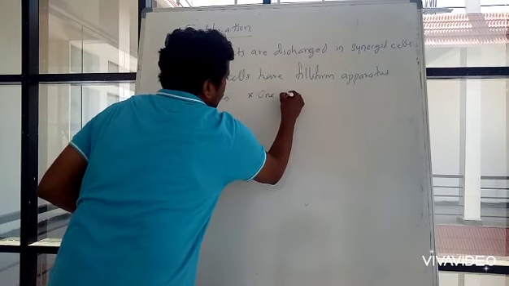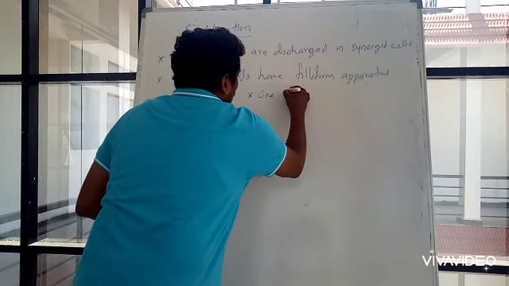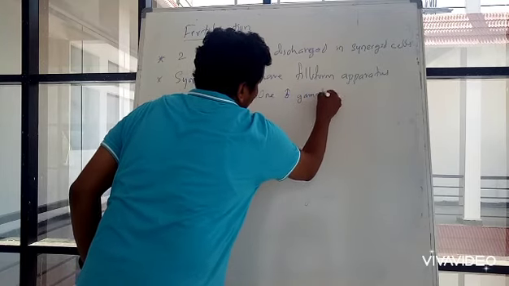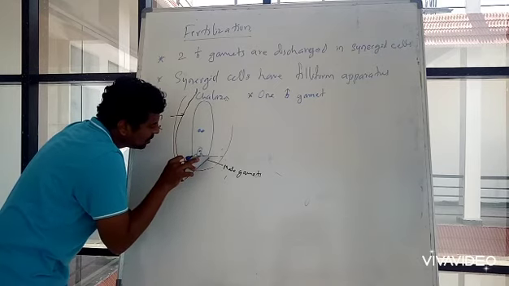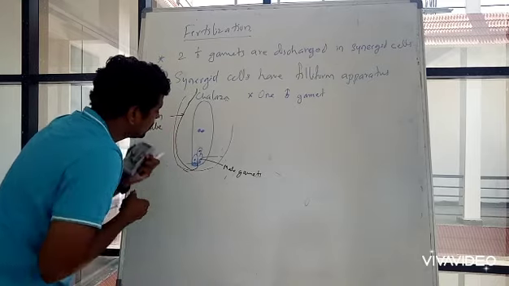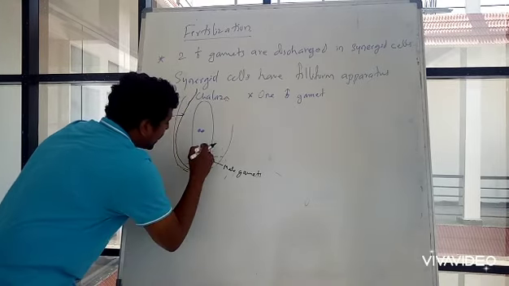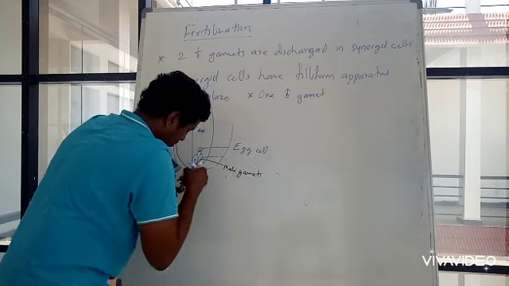one male gamete is here. The one male gamete will fuse with, this is the synergid cell and this is the egg cell. Okay.